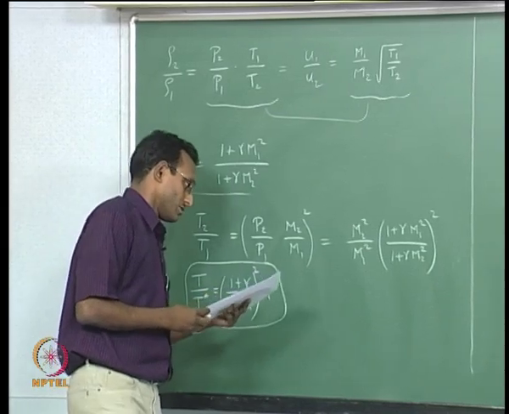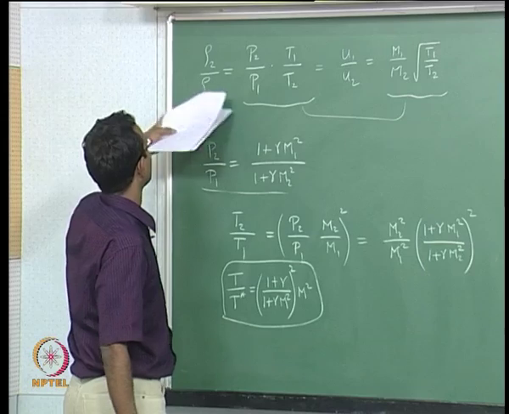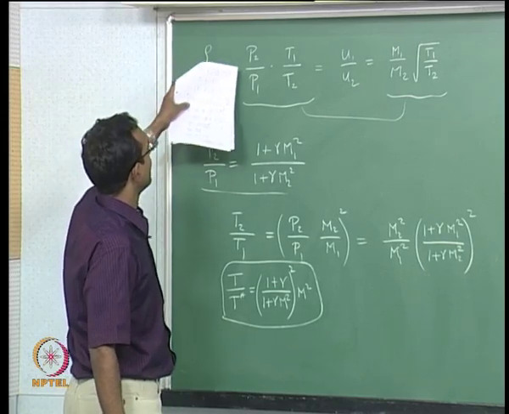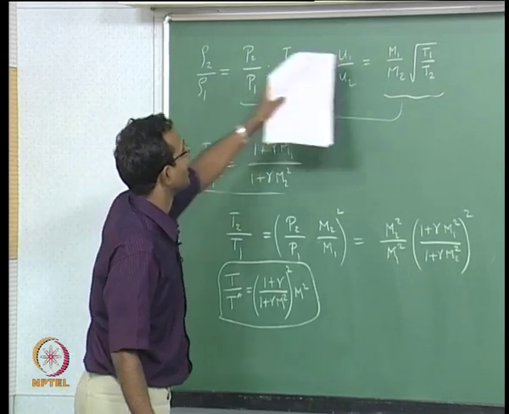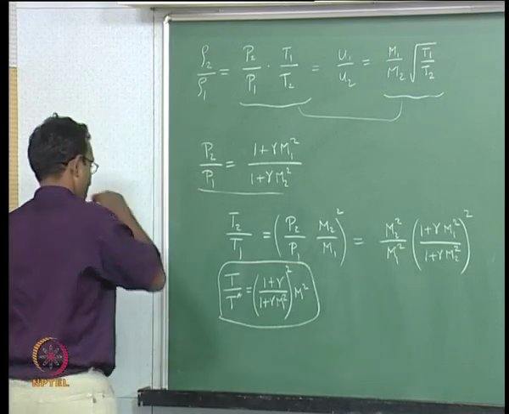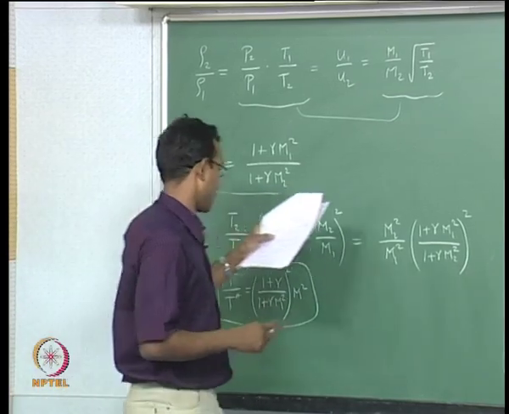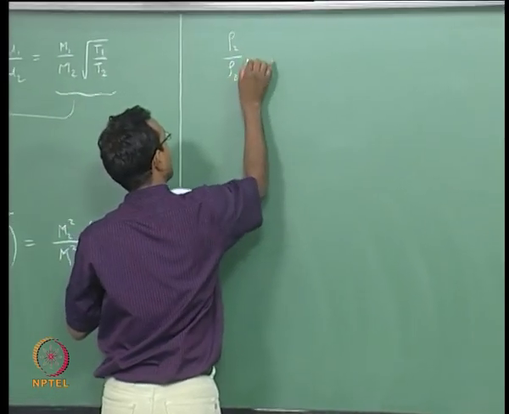Okay. So, of course, from here immediately I can go back and use this relation for rho 2 by rho 1. Either I can use this, or I can use directly this M1 by M2 times square root of T1 by T2 from here, and I will get to rho 2 by rho 1. I will just write the final expression for that. That is simple enough for you to figure out.